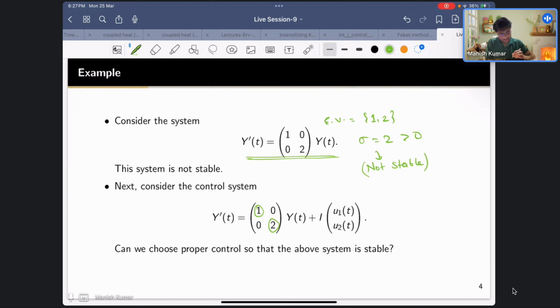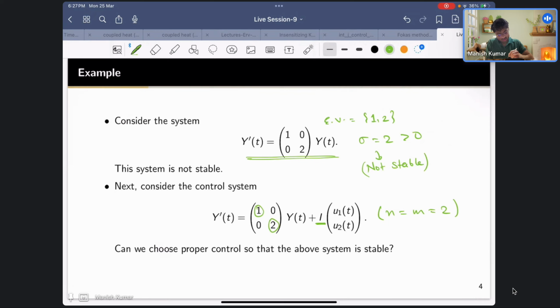Okay, so what we do, we just act. So over here this B is the identity operator, so here n is equal to m is equal to 2. Okay, so just to make you understand, I am taking very basic system, with m equals to n, so we have this kind of system.